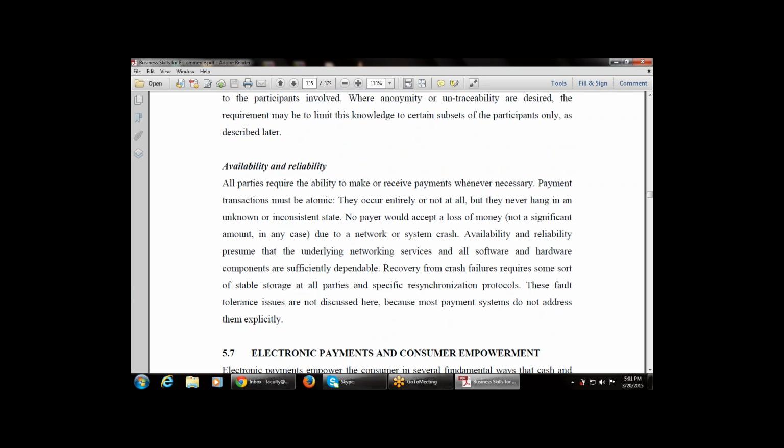So these are the various security requirements used with the e-payment system. I am repeating again, there are generally three to four types of security requirements.